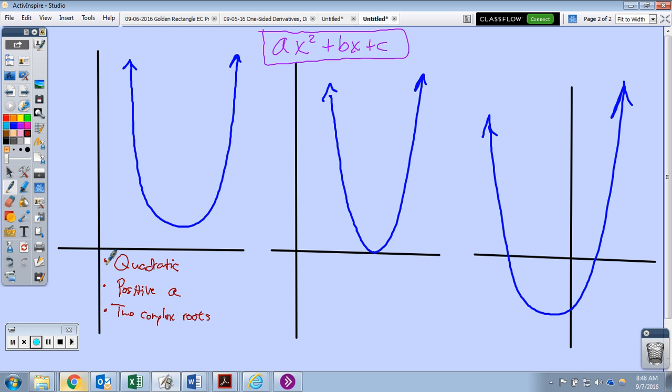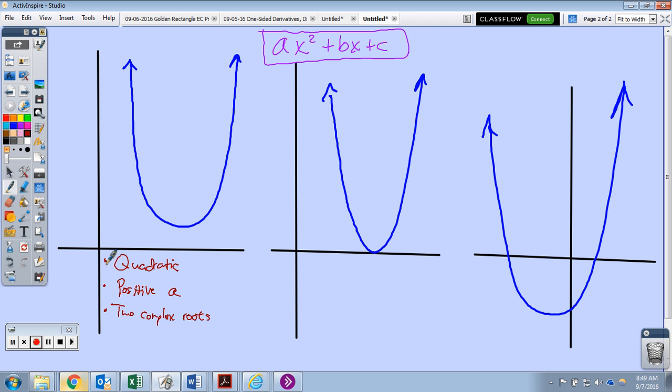So we have a different plane that sticks out like this. If I could pull this off of the screen, you would see the other dimension that exists, where this would have to be on a separate plane for this to have roots. So it doesn't touch the x-axis, so it has 2 complex roots.